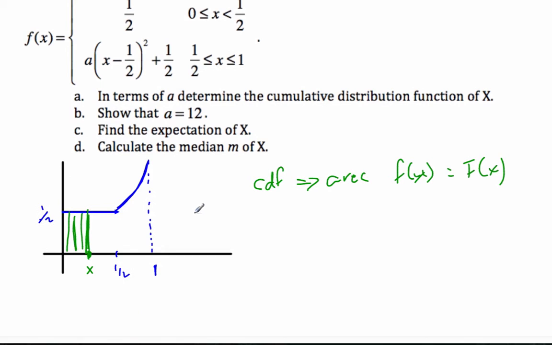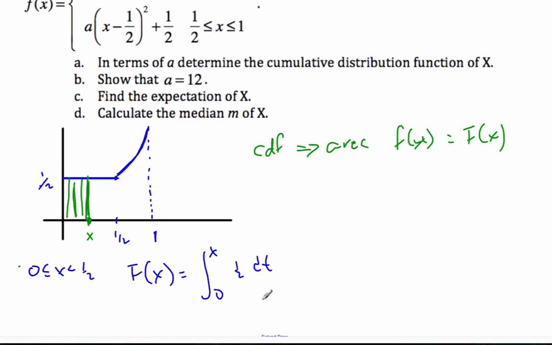So if we have that in mind, I know if I'm going to consider, first of all, 0 less than x less than 1/2, if I want big F of x, well, I'm going to integrate from 0 to some value x of the function 1/2 dt, and t is just a dummy variable.